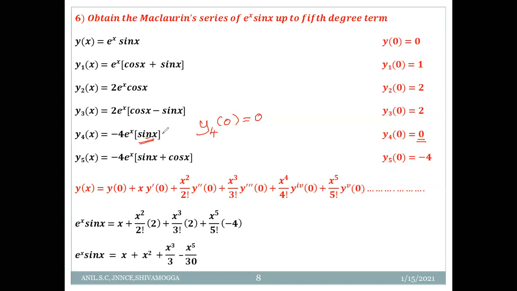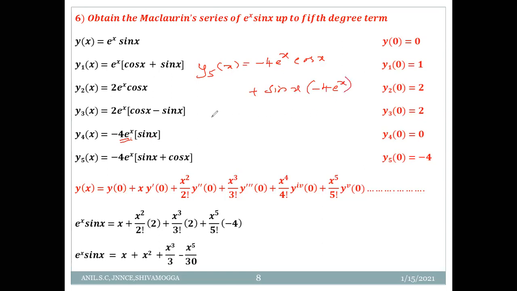Again, you differentiate y4 to get y5. Derivative of y4 is y5. This is equal to, here first function is minus 4 into e power x. Keep it as it is, into derivative of sin x is cos x, plus second function sin x into derivative of minus 4 e power x is minus 4 e power x as it is.